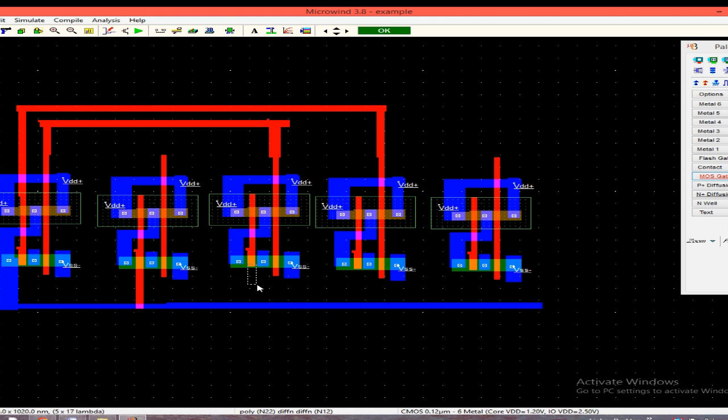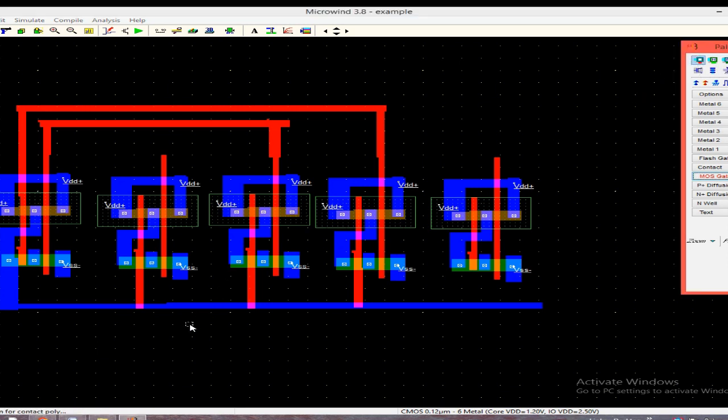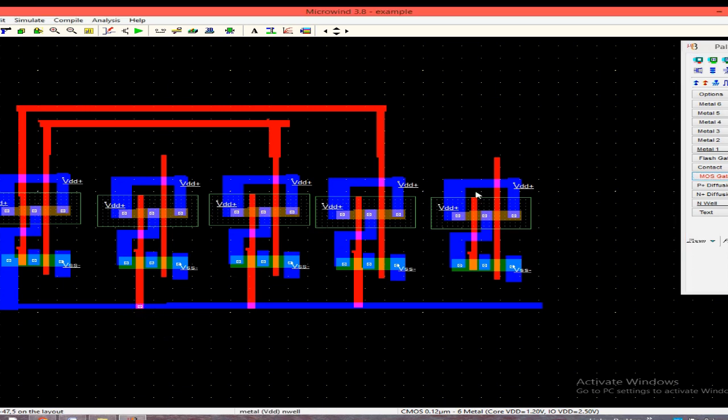Then again I will do the same procedure, and after that also I will take the same procedure, and when I have made this gate structure, I will put this contact metal of polysilicon at these points for connections.